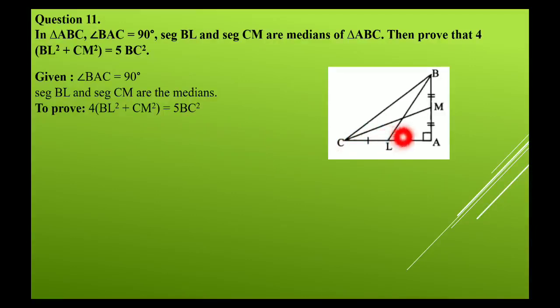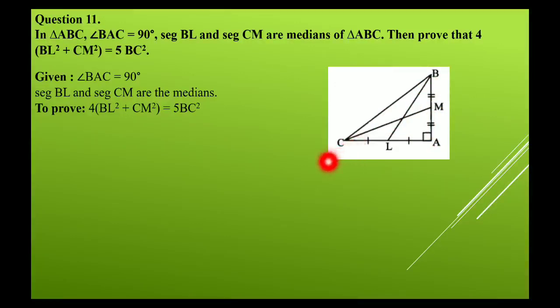Dear children, a median means a segment joining the vertex of the triangle to the opposite side. It divides the segment at the midpoint. So if this is a median, then BM is equal to MA.